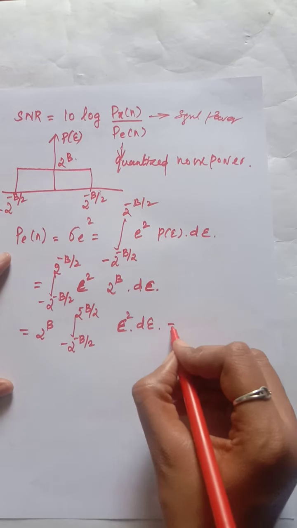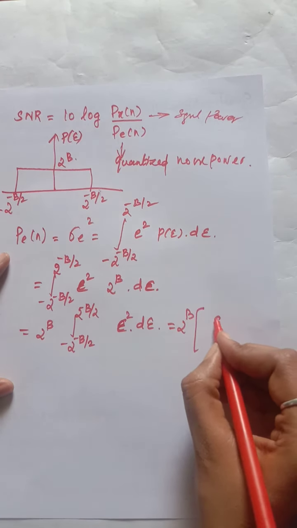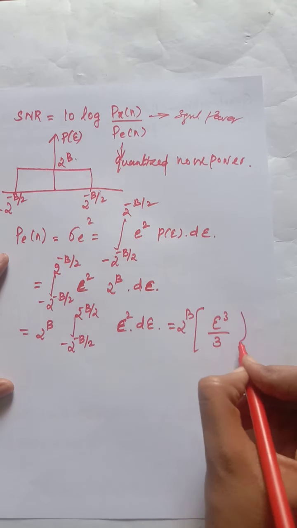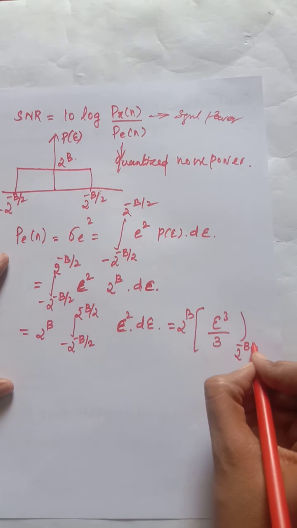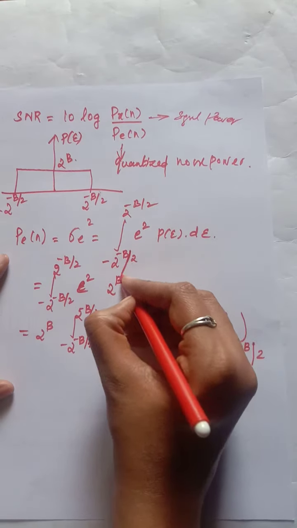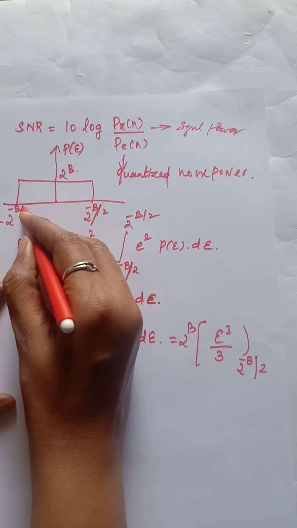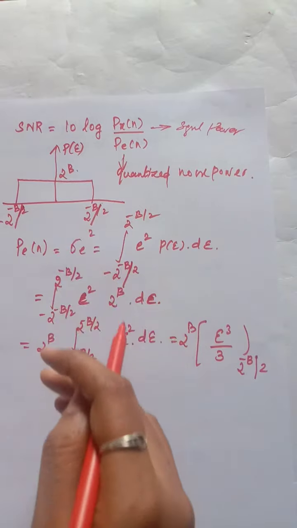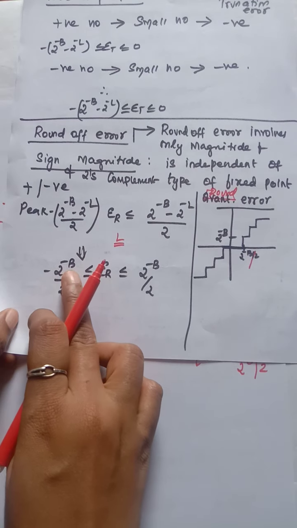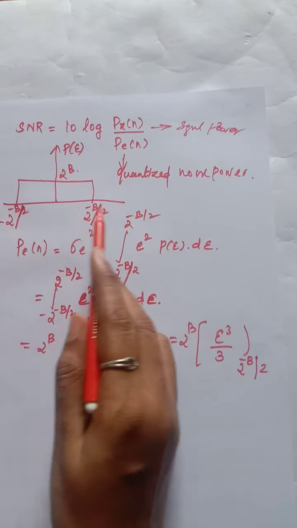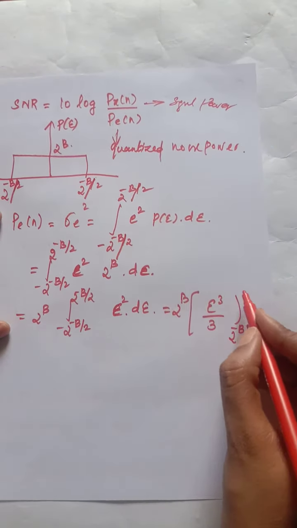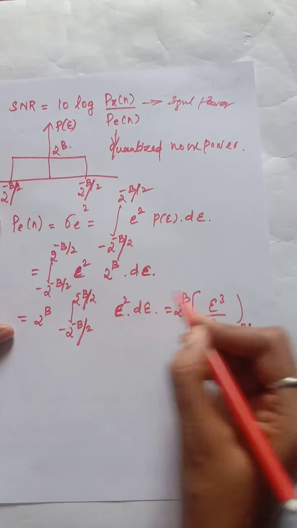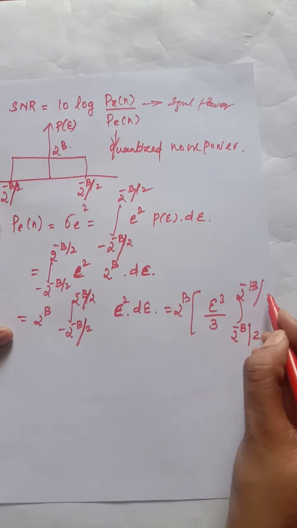So what I will get is 2 power b times epsilon cube by 3, and the range is from minus 2 power minus b by 2 to 2 power minus b by 2.